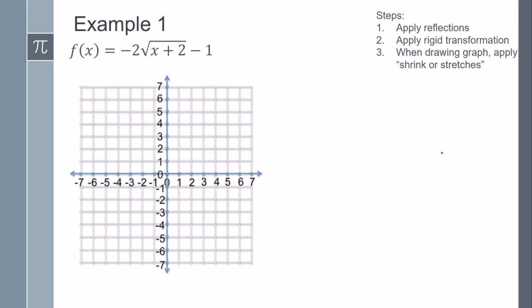So we still apply any reflection. I have a negative, so I know it's going to reflect over the x. I have a horizontal shift of -2 and a vertical shift of -1. So apply the reflection. And then from there, we're going to do the movement.